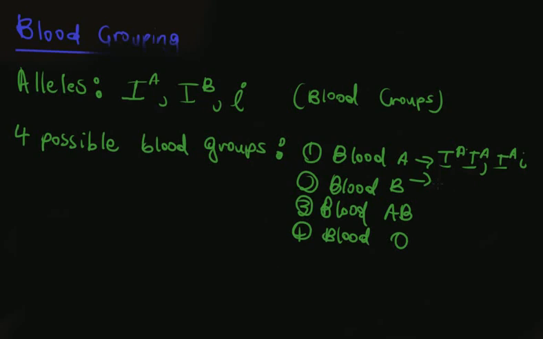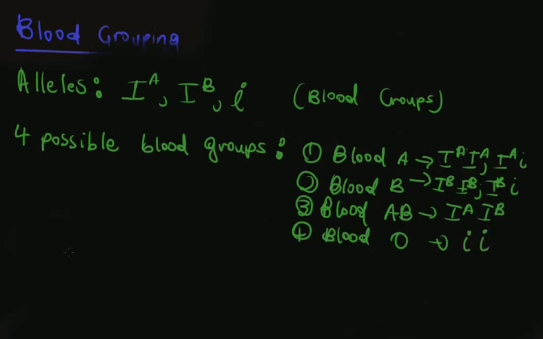For blood group B, you can either have IB IB, which is homozygous, or IB i. For blood group AB, you can only have IA IB. For blood group O, you can only have the two small letter i.